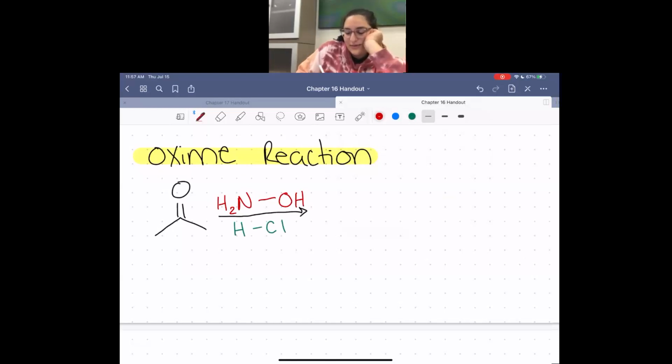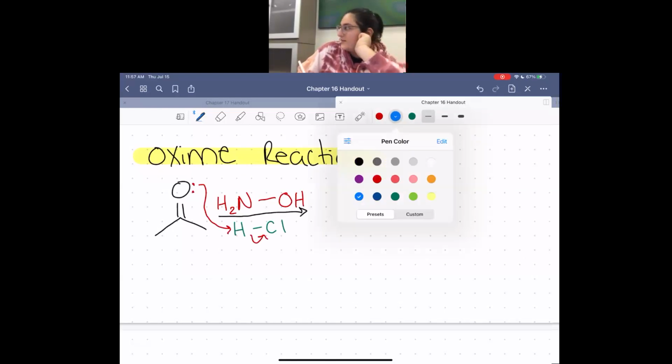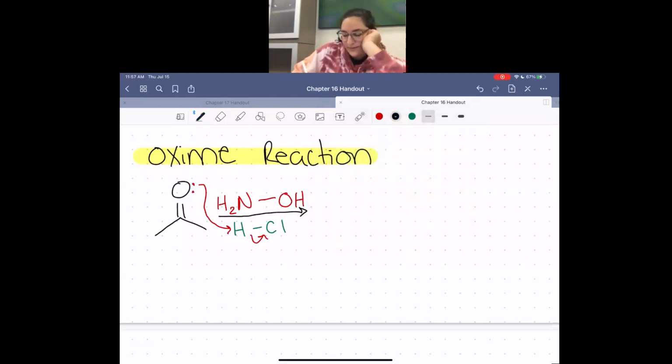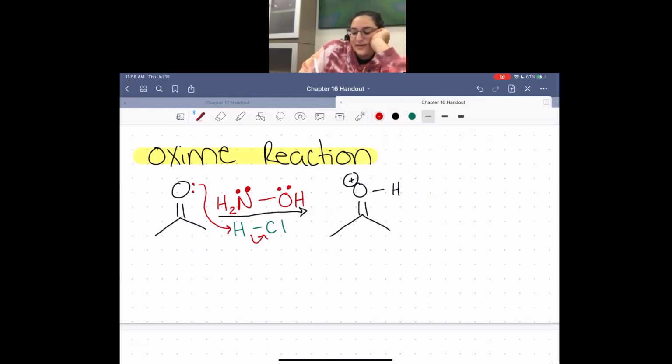And as always, the first step, we just steal that hydrogen. We know that by now. Now, the question here is, which one of these lone pairs is going to act like a nucleophile? Is it going to be nitrogen or is it going to be oxygen?